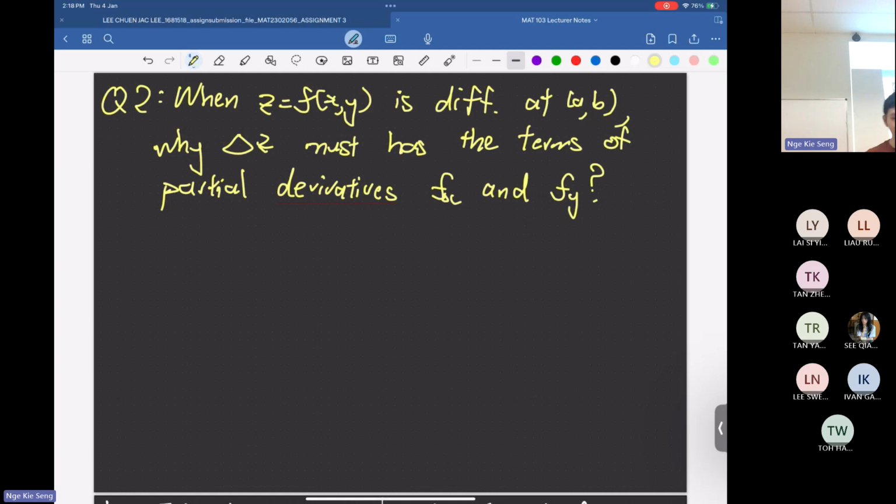So first of all, you need to understand what it means to be differentiable. Let me see how to address this.